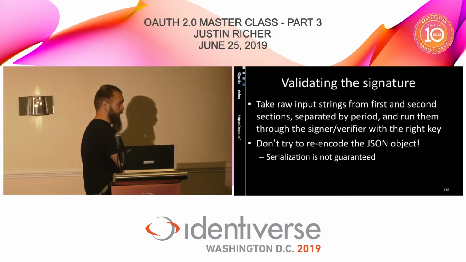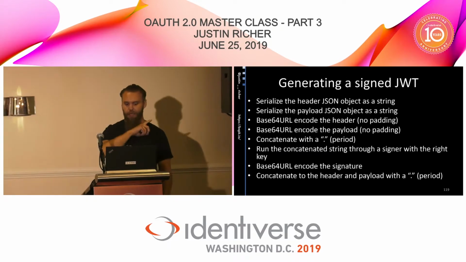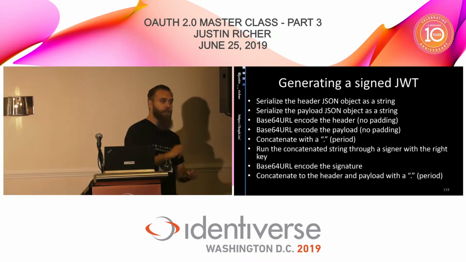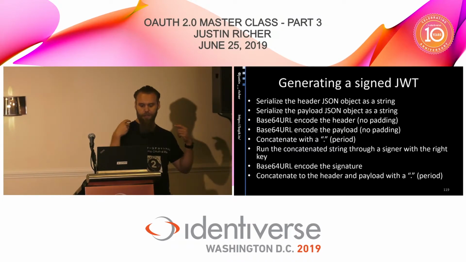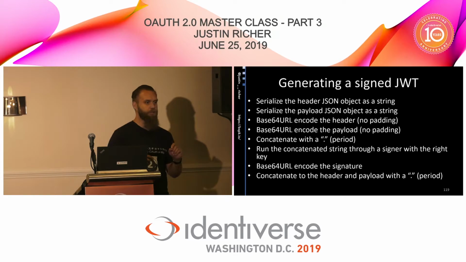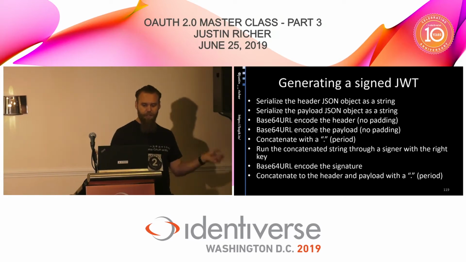Also, on the other side, generating a signed JOT, really easy. I generate the header object, which is all my envelope information, serialize that as JSON, serialize my payload as JSON, and base64 URL encode both of those and slap them together with a period character.